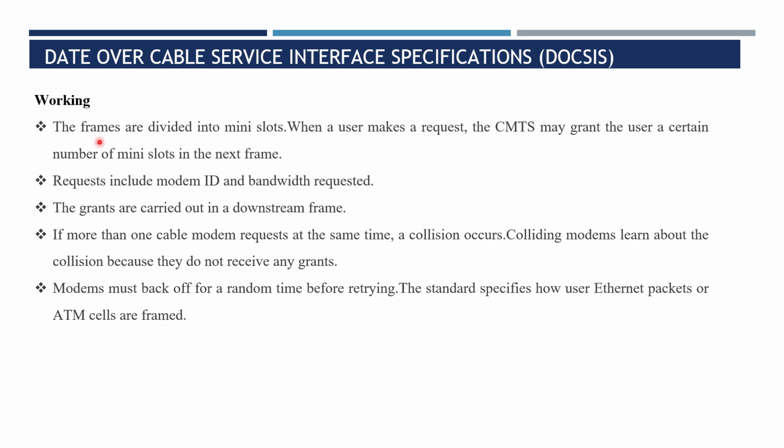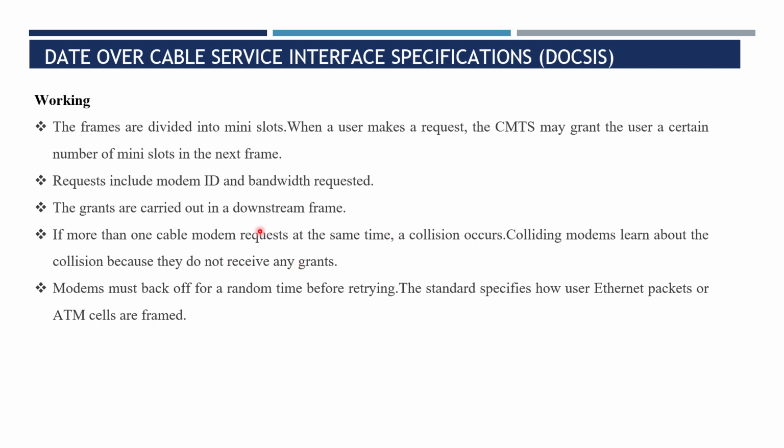Here, the main working is that the frames are divided into mini slots, and the user makes a request for a slot to be availed. Through the CMTS, some minimum number of slots in that particular frame will be granted. It uses a modem ID and the bandwidth requested. Then the slots will be freed. All the grants will be carried out through the downstream frame. If one or two cable modems request at the same time, a collision will occur.